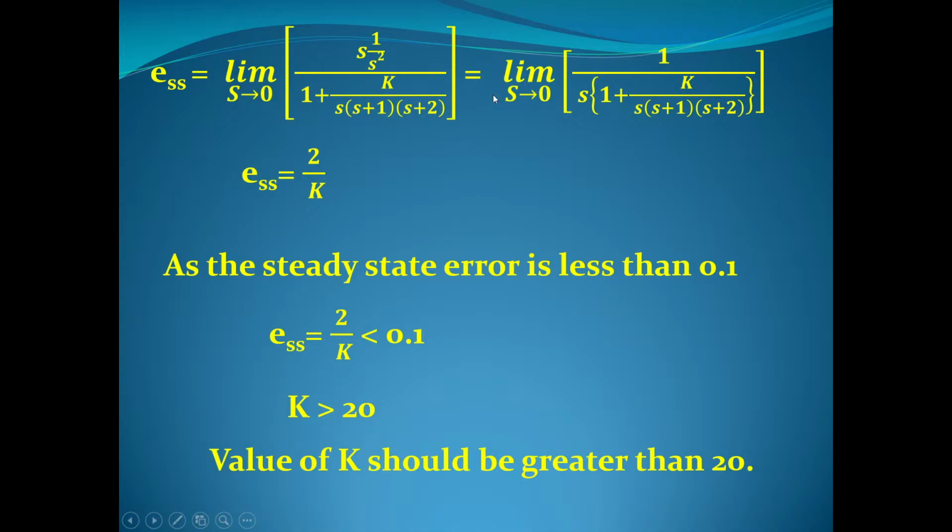S and s squared are there, so 1 divided by s into this whole denominator, 1 plus K by s into (s plus 1) into (s plus 2). Now just multiply this s with this whole term and substitute the limit.